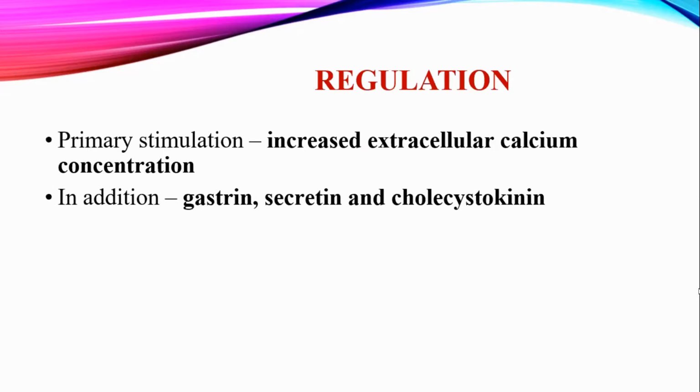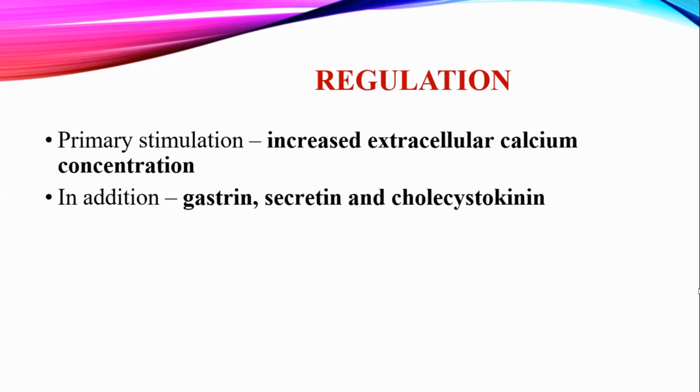But the synthesis of calcitonin is stimulated by increased extracellular calcium concentration. When there is a high concentration of calcium in the serum, it stimulates the synthesis and release of calcitonin from the C cells of the thyroid gland.